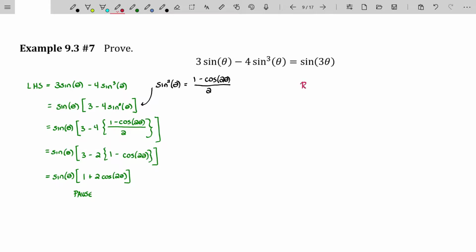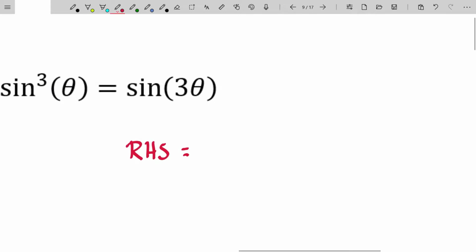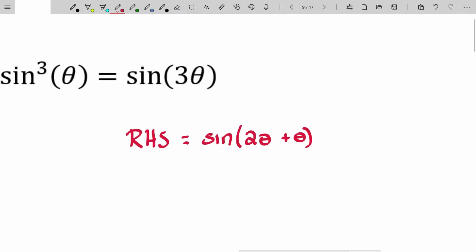Now the right hand side looks like there's not much we can do, but I'm going to show you a little trick. The right hand side is sine of 3 theta. That's not a double angle identity, but you could write that as sine of 2 theta plus theta. Isn't that 3 theta? And if you do that, you now can use your sum of angles identity, which is a prerequisite for this material right now.